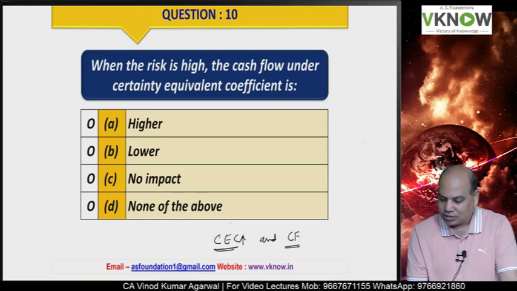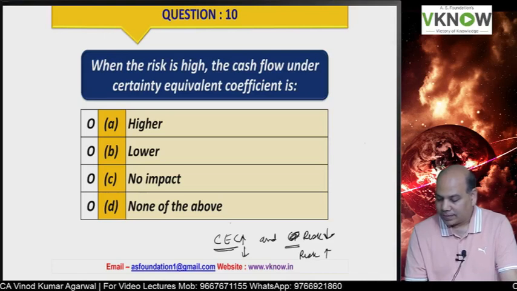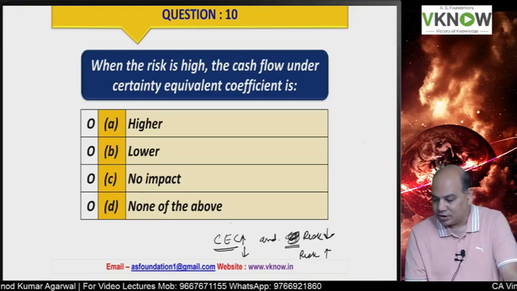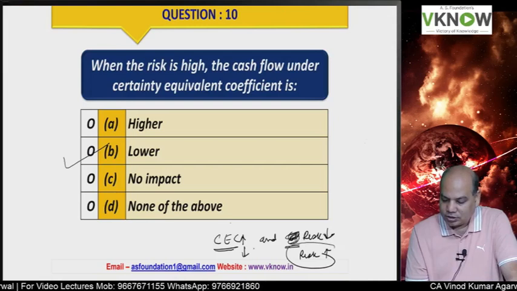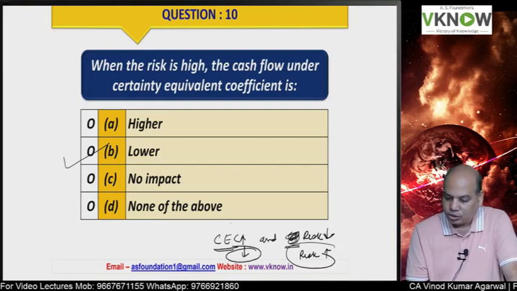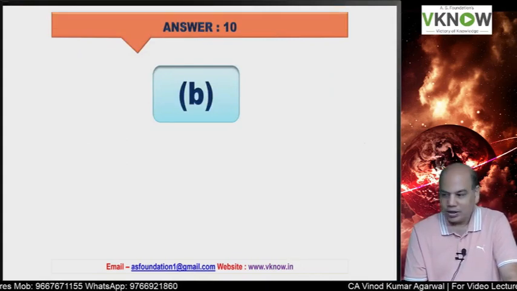Higher CEC means risk is less. CEC and risk is inversely related. But if CEC is low, risk is high. This is inverse relationship. So the answer will be B. If the risk is high, the CEC of the cash flow would be lower. So tick mark B. 10B was the right answer.